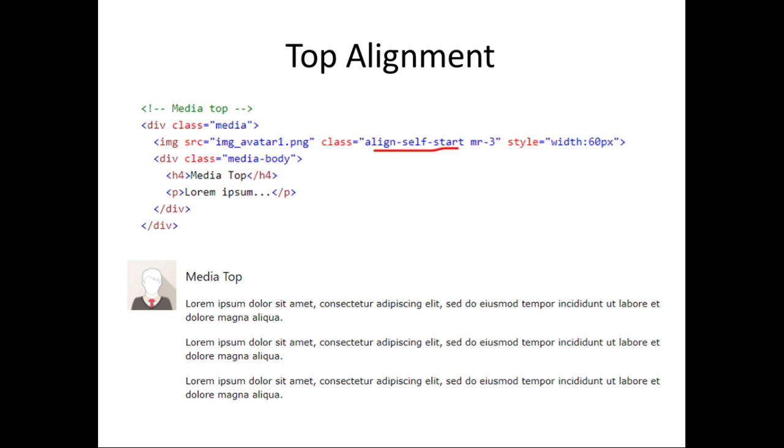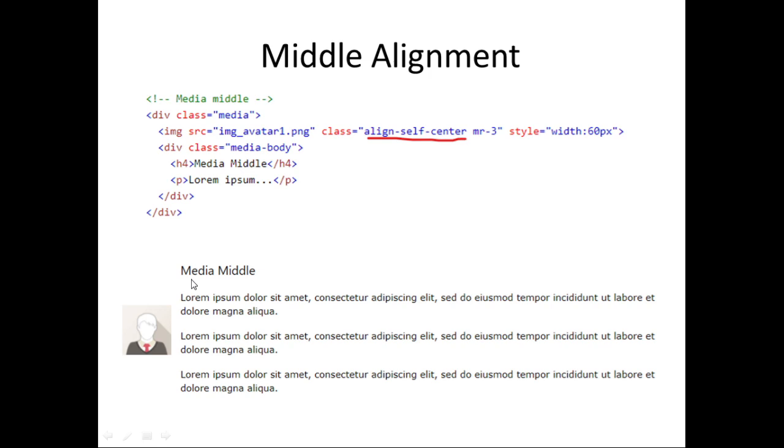If you want to place the media at the top, we have the class media, then the image here, and be sure to place the class align-self-start. That means it will be at the top. And then we have the media body. So here's now the appearance. It will be at the top of the media object.